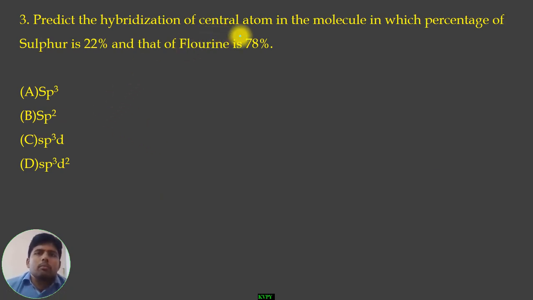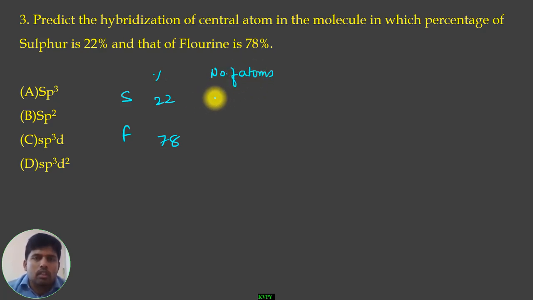Predict the hybridization of the central atom in the molecule in which the percentage of sulfur is 22% and that of fluorine is 78%. Okay, so sulfur is there, fluorine is there. Percentage is 22 here and here it is 78. So the number of gram atoms in 100 gram compound is 22 divided by 32, because sulfur is 32, and here 78 divided by 19, since fluorine has atomic mass of 19.